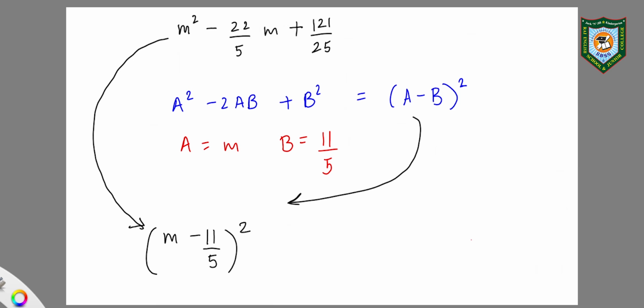So this is how I complete one side, that is the left hand side, of any quadratic equation while solving it by the completing the square method. Once I can write the left hand side like this, all I need to do is check what to do with the right hand side.